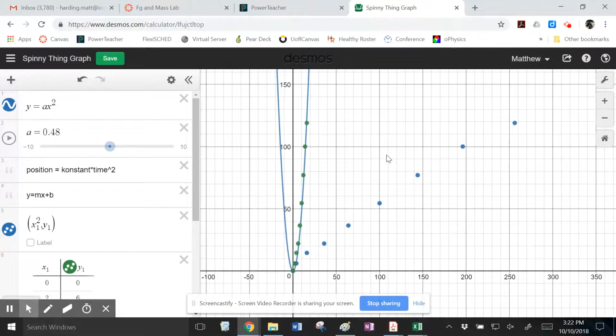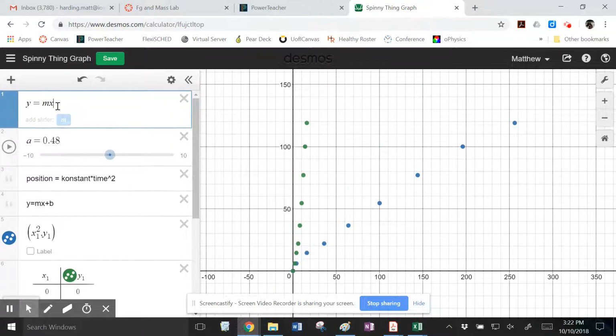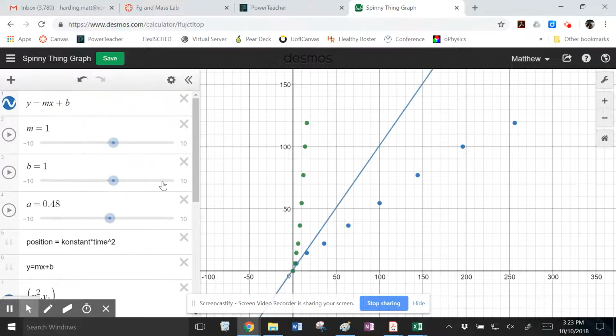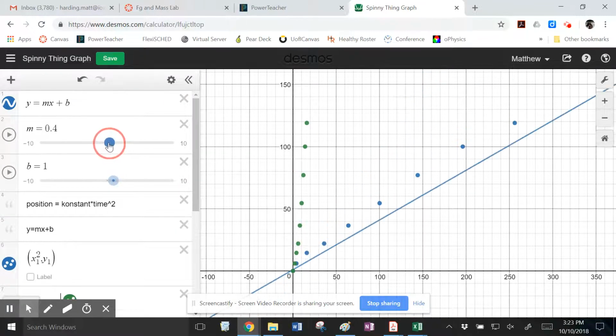Is that a straight line? Maybe. I can kind of check that by going in here with the y equals mx plus b. Add some sliders for these things. Get rid of that.